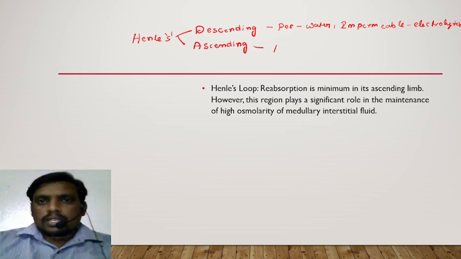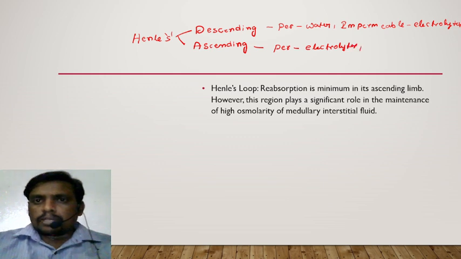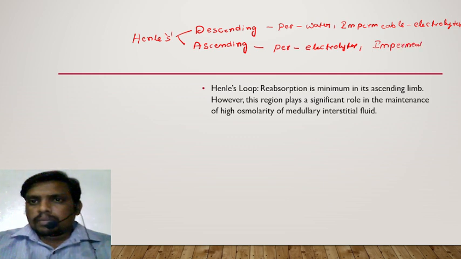The ascending limb is permeable to electrolytes, okay, and impermeable to water.